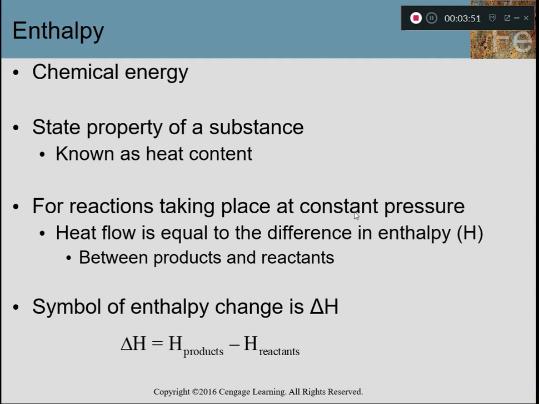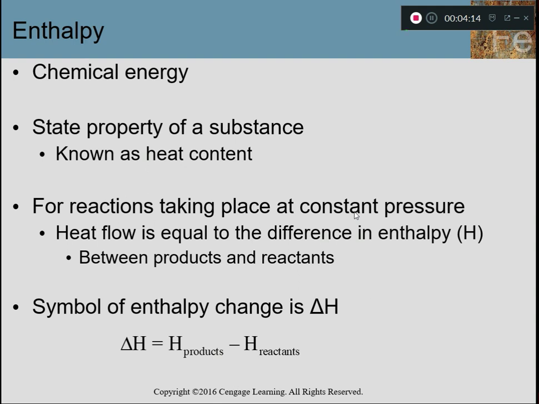Well, in chemistry we do kind of the same thing, but we take the enthalpy, the stored energy, and turn it into some type of observable energy, whether it be heat or light or work. Enthalpy is the amount of energy that is stored in the molecules.